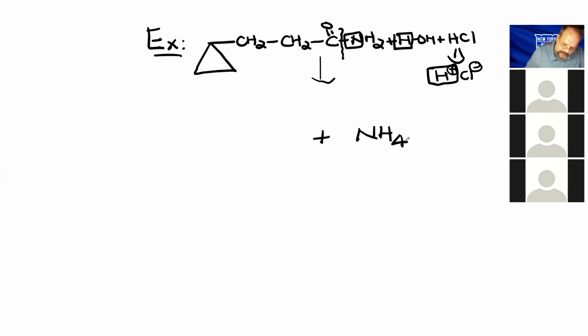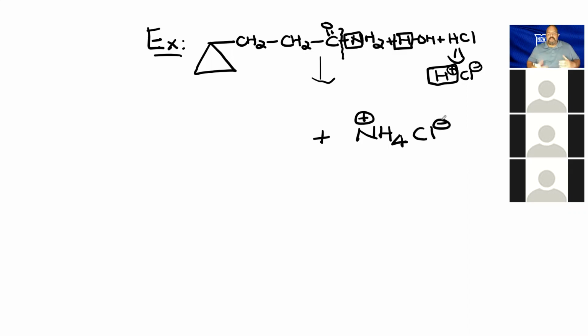So it's going to have four hydrogens total attached to it, which we could write out condensed as NH4. So it had two hydrogens, it picked up two hydrogens, now it has four hydrogens total, so now we have NH4. When nitrogen has four bonds, it has a positive charge. What else is present in this reaction that's going to be attracted to that nitrogen? We're going to have Cl minus.